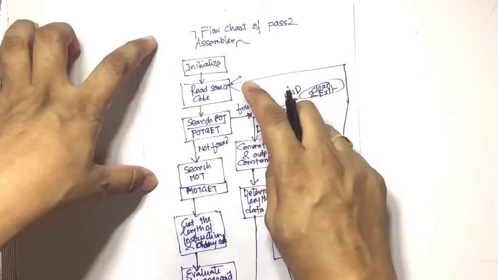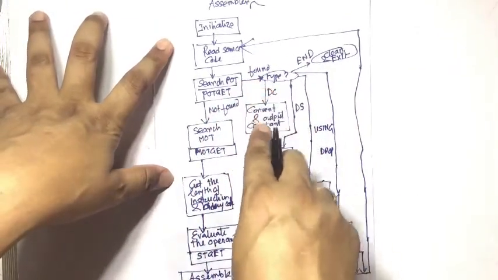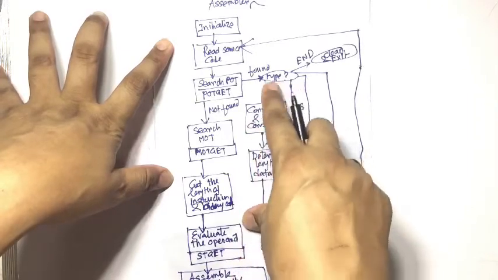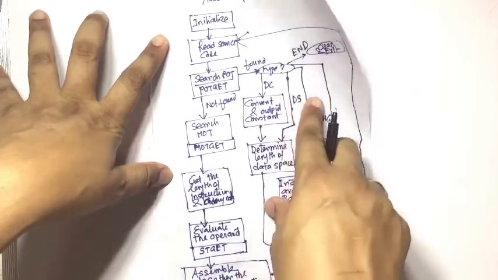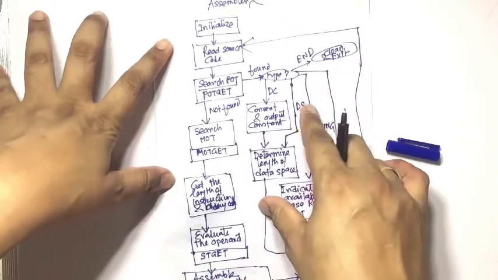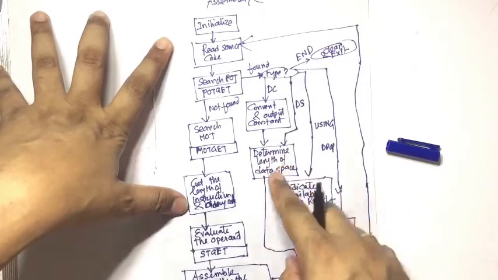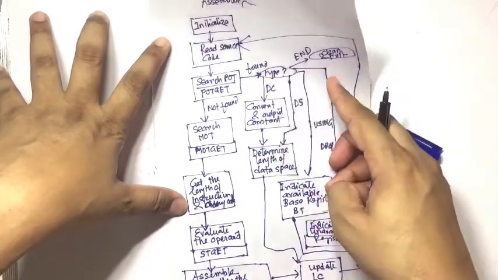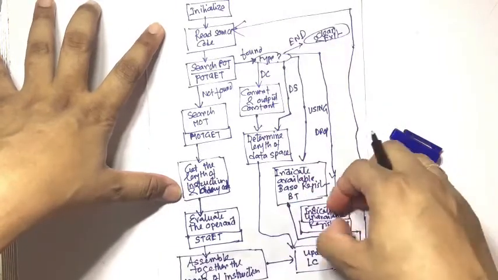First of all, initialization, read, then search the POT code. If it is found this type of instruction, DC means convert and output constant, and then get the length and update the PC, update the location counter. When there is any DS statement, then it just goes to determine length, and determined length will move to update PC. And if any USING, then available base register, and there is DROP, unavailable base register.